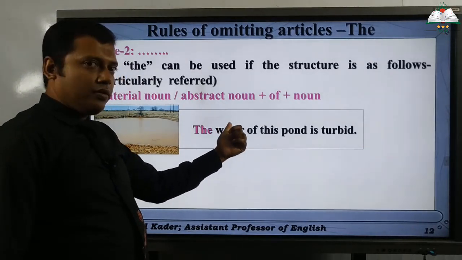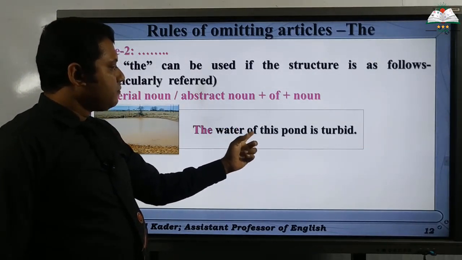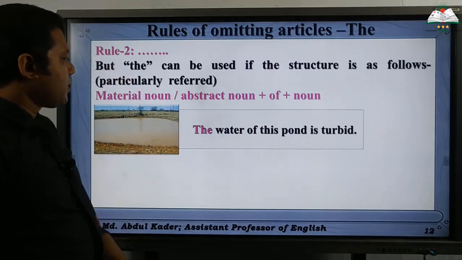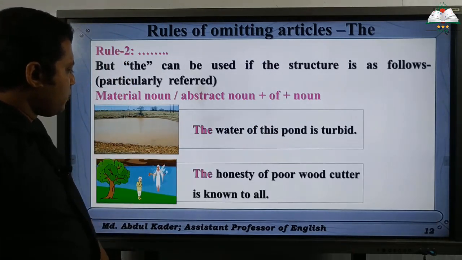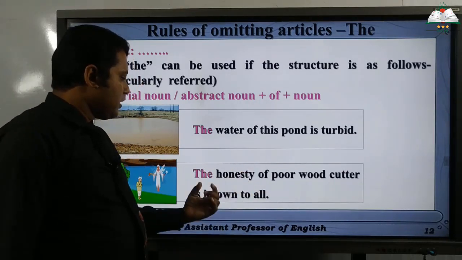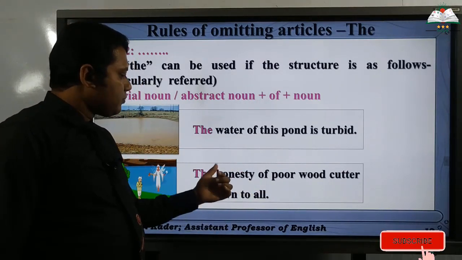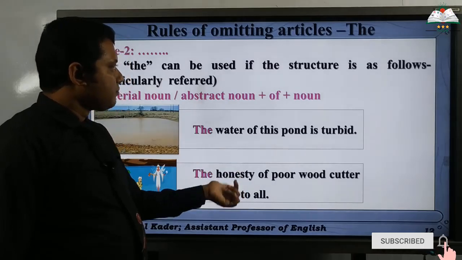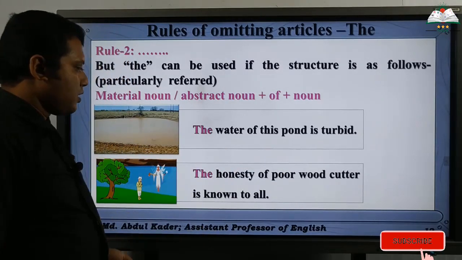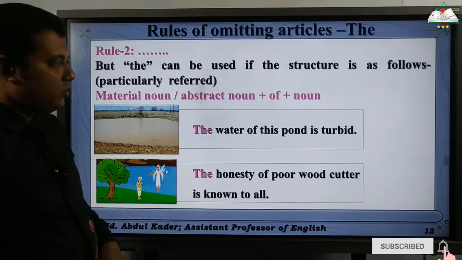So water is the material noun here, of this pond. So you can use the here. Look at this example once again. The honesty of the poor woodcutter is known to all. So the honesty, this is the abstract noun, of, and then the noun, is known to all.